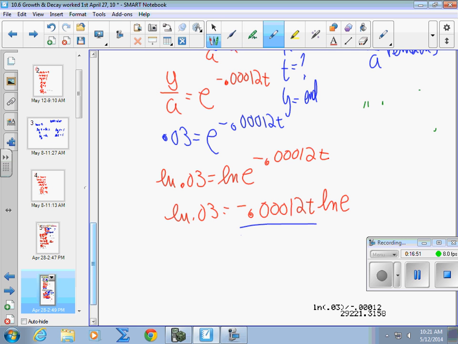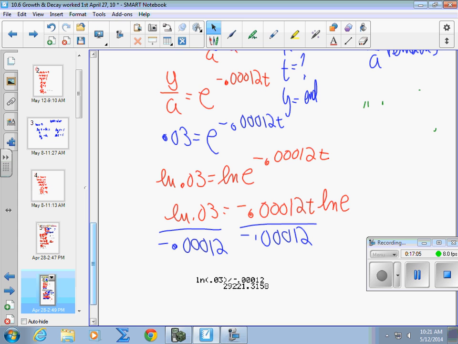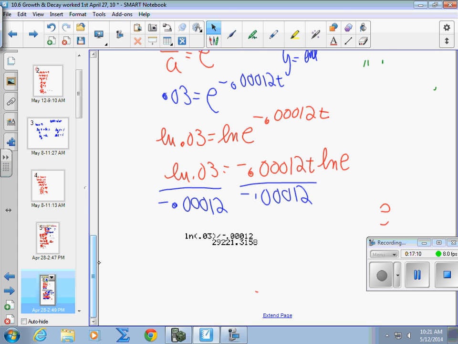I'll divide by negative decimal 0.00012 to solve for T. When we plug this in your calculator, we come up with 29,221.3158 years.